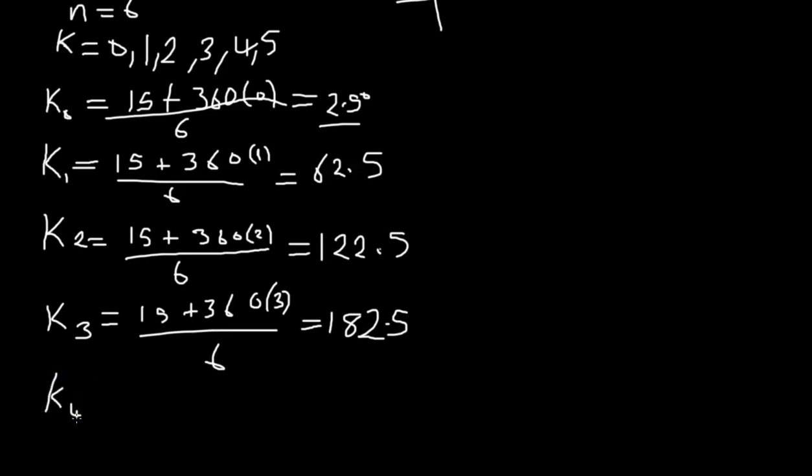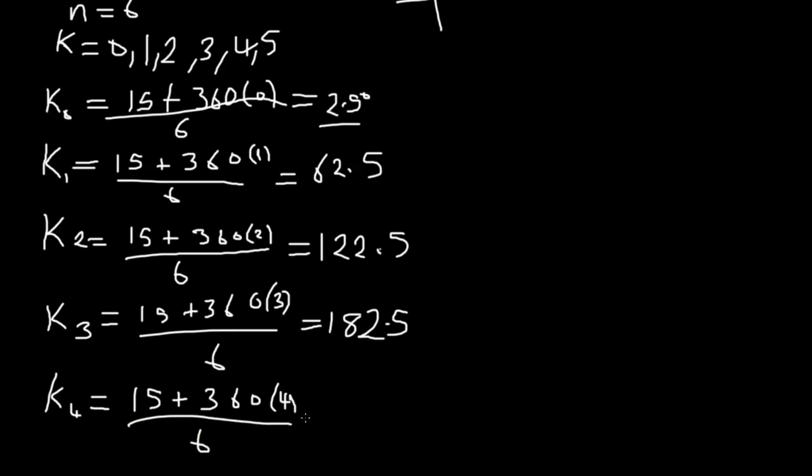So your K4 is going to be 15 plus 360 times 4, everything divided by 6.